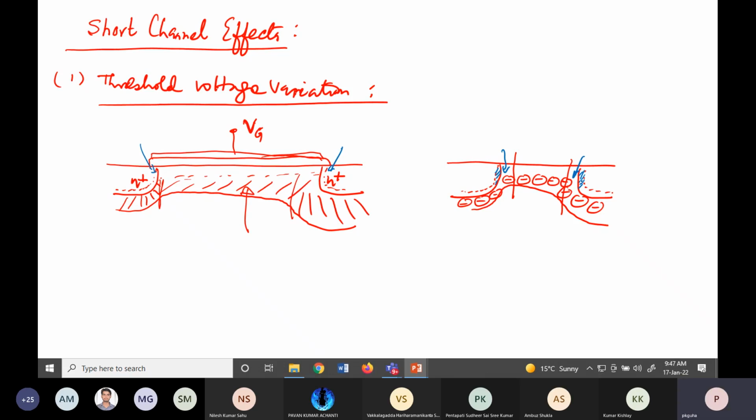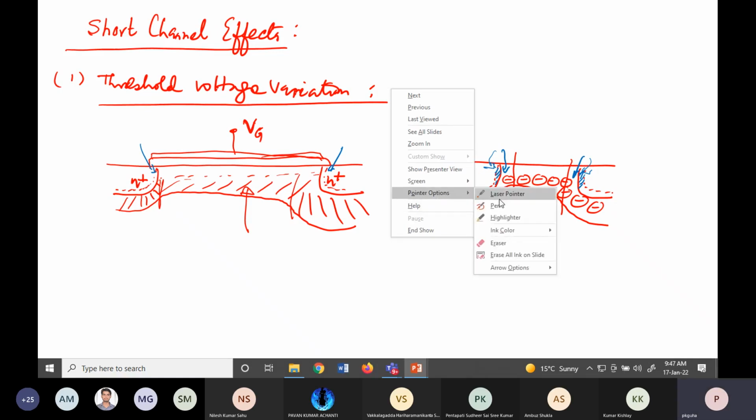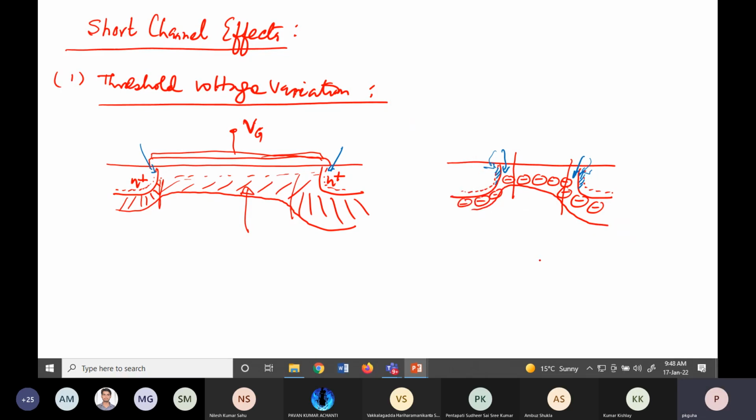But here you see, because they are so close and the number of immobile charges under the channel is very less compared to that present in the long channel MOSFET, if some of these immobile charges are being imaged by the immobile charges present in the source and drain itself, then from the gate side, you will see you have to create fewer charges here to mirror this, right?